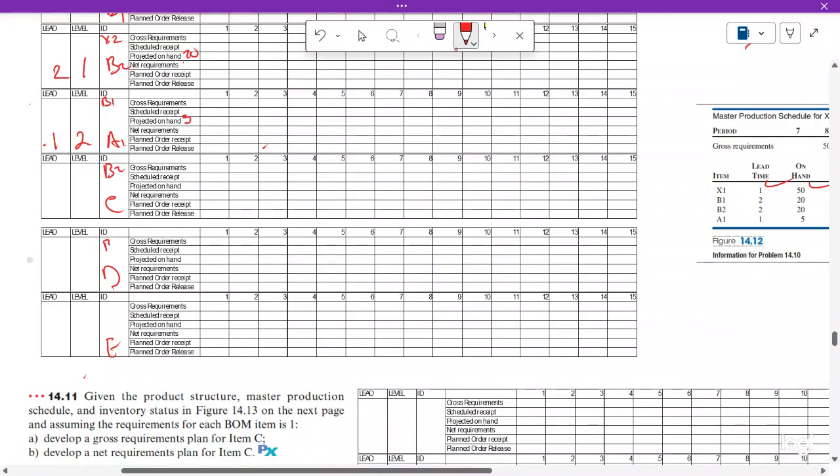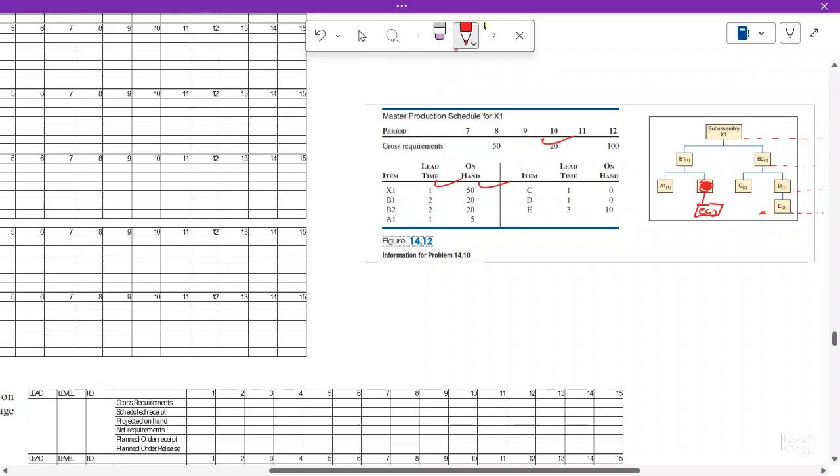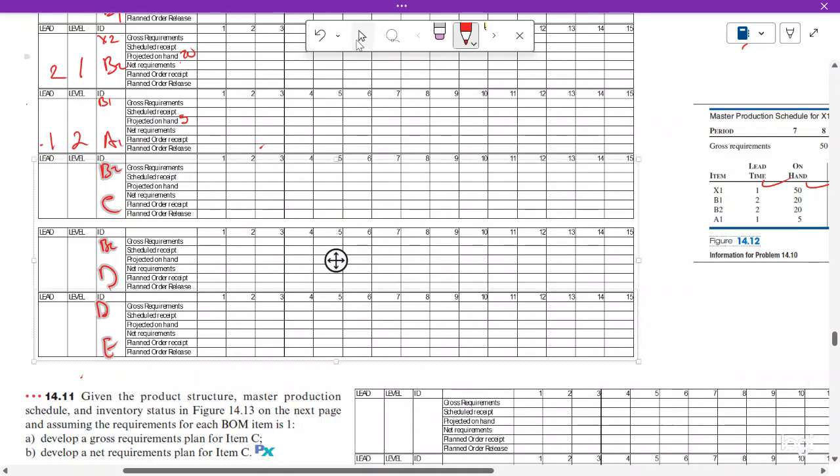And B1. So you can somehow say from B1 and D to make life easy.